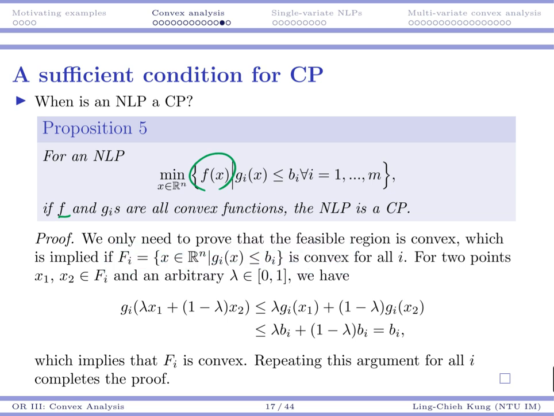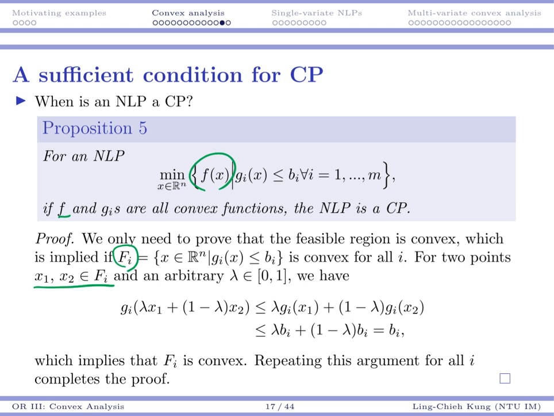All we need to do is apply the definition. If x1 and x2 are in Fi, then we want to show this particular inequality. We take a convex combination of x1 and x2 and put that into the g function.